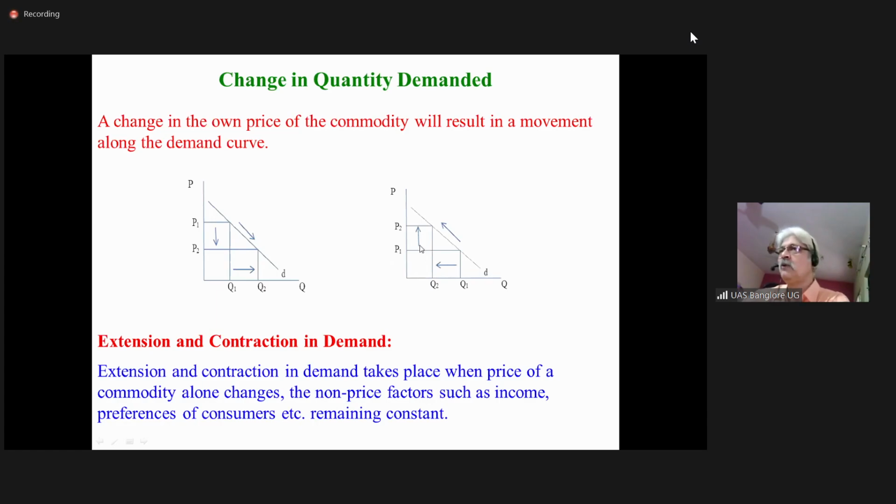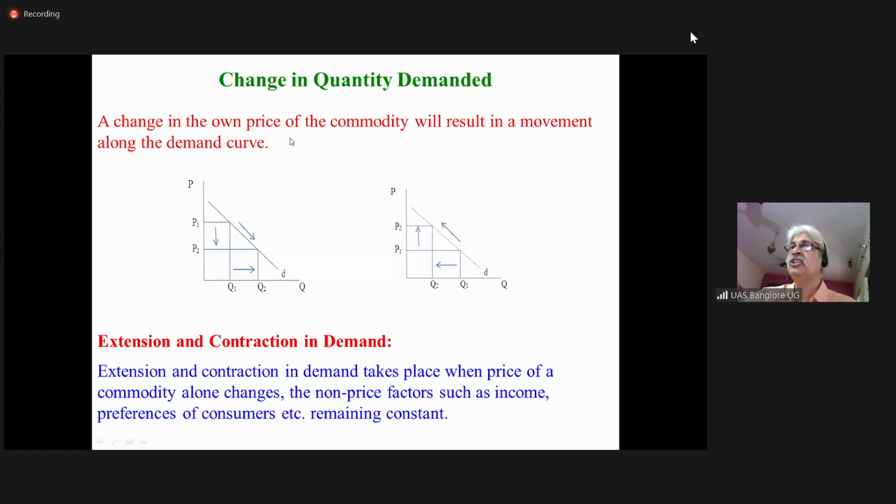I repeat, when the price of sugar increases, quantity demanded of sugar decreases. So from Q1, you'll be moving to Q2. That means from this point, you are moving to the second point here. So you are moving along the same given demand curve. It is change in quantity demanded.